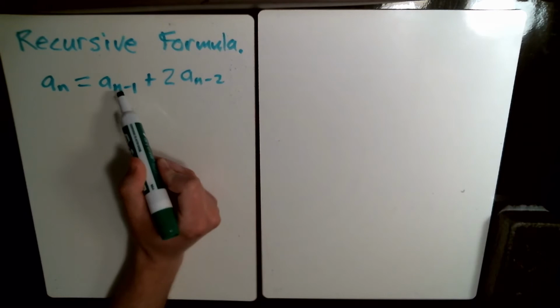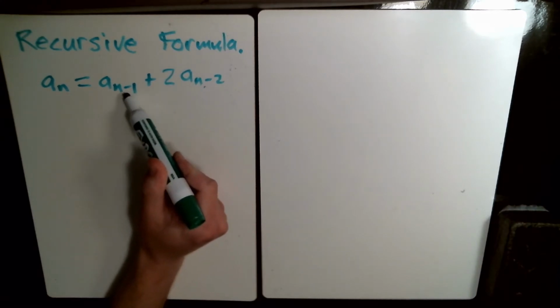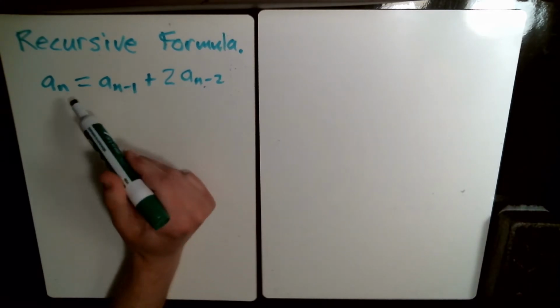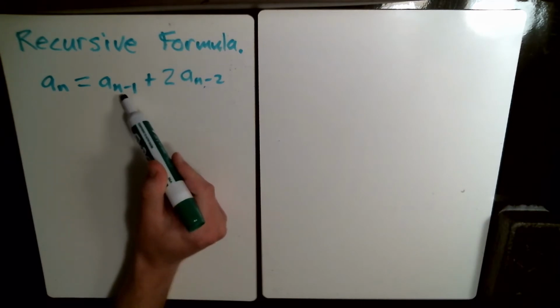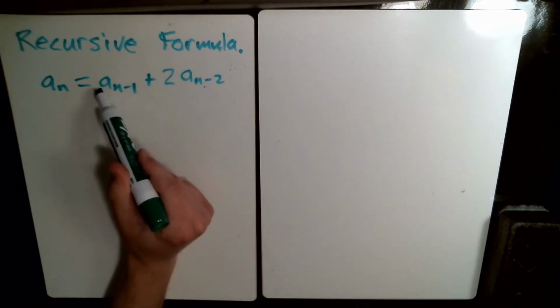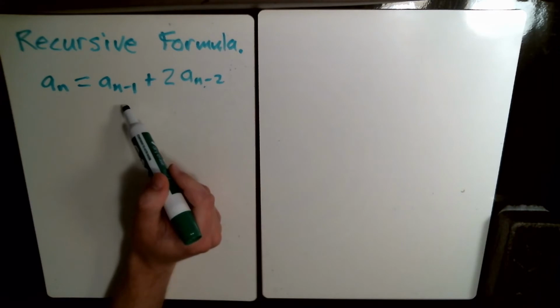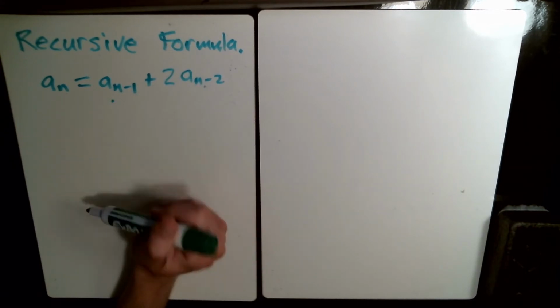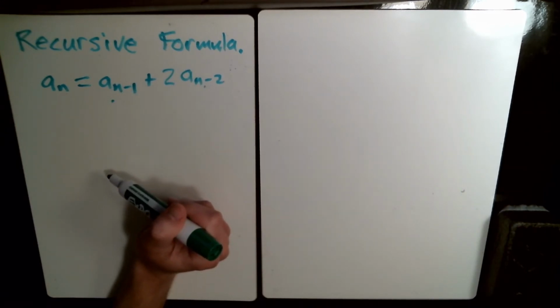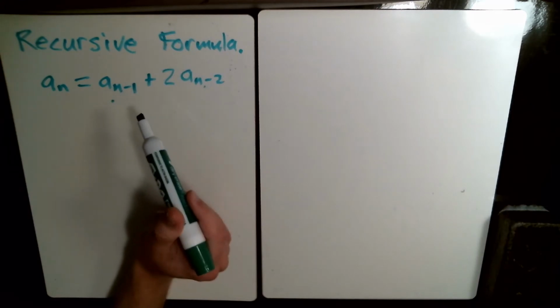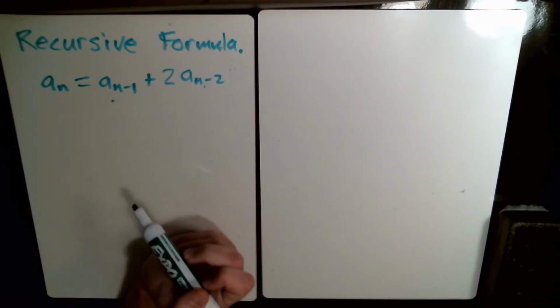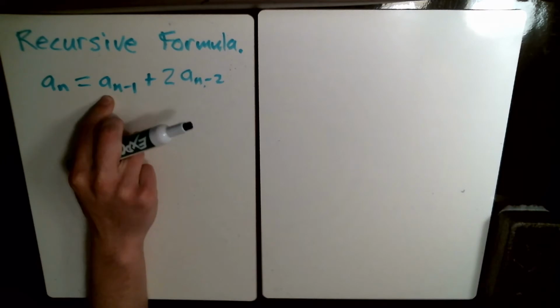So n minus 1 and n minus 2 come before n in the natural numbers, and if you know the two previous terms of this sequence, you can know the next term of the sequence. Let me show you how this works.